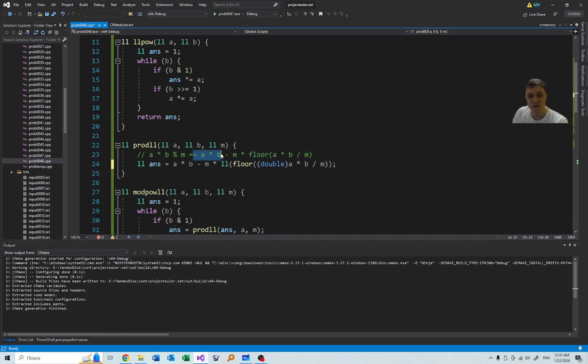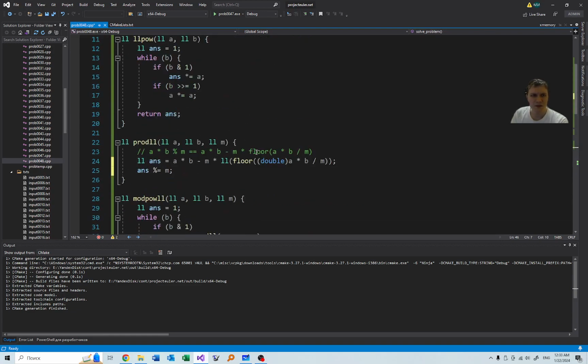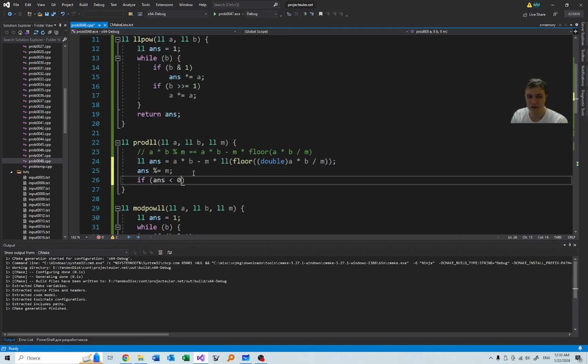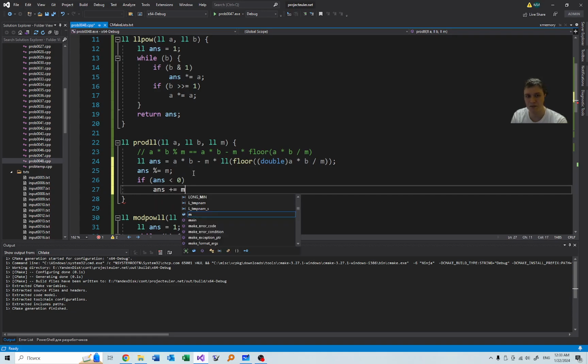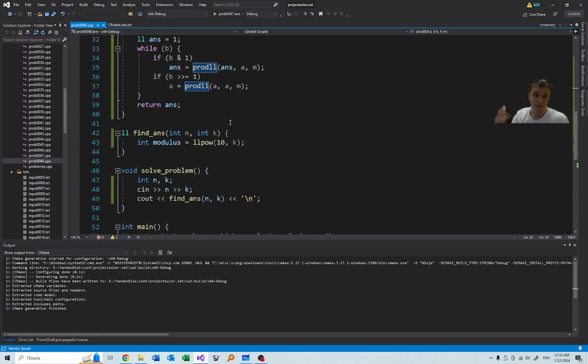So this may differ from a times b by several times m. But this is now not a problem, because if the difference between this number and this number is not big, then we can simply do this. And for example, if ans is less than 0, then ans plus equals m, and then return ans. So this is function product, and it is incredibly fast, which is nice.